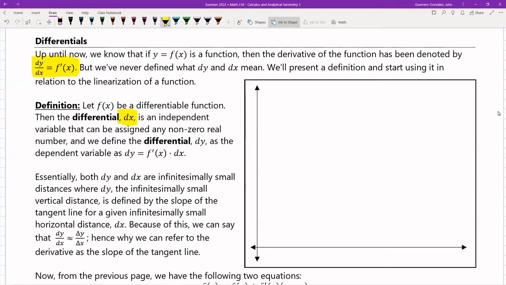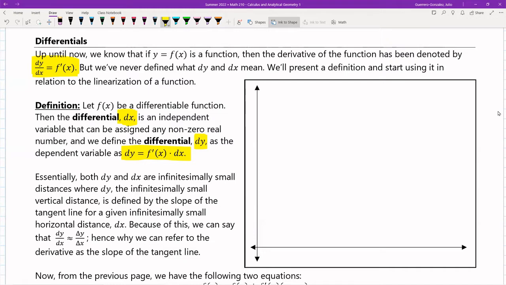And then we define the other differential, dy, as the dependent variable, given this definition right here, that dy is going to be equal to f prime of x times dx. So essentially, both of these, dx and dy, are just variables, really.